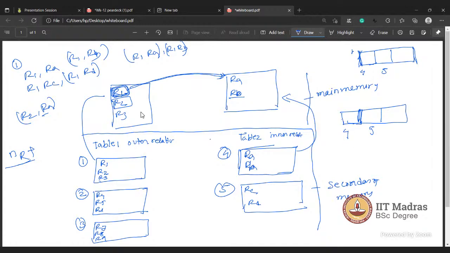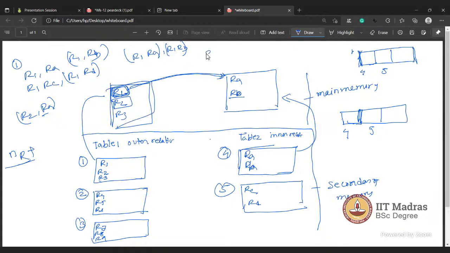Now I understand. So the seeks will be 3 plus 2, 5, right, if I take only one block set of records? For the main memory, 2 blocks are there. So the seek will be 3 plus 2, 5. No, 6 will be for this.